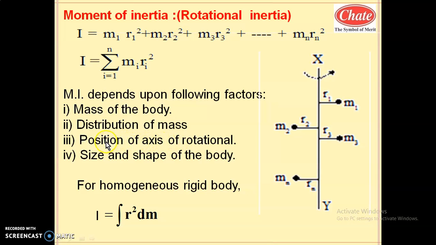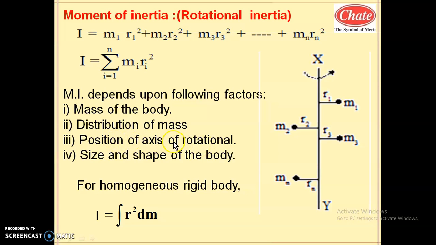That means the moment of inertia about any axis is calculated as the sum of the moment of inertia about a parallel axis passing through the center of mass and the product of the mass of the body and the square of the distance between the axis passing through the center of mass and that unknown axis. We are going to study that by the parallel axis theorem. So moment of inertia also depends upon the position of the axis of rotation.